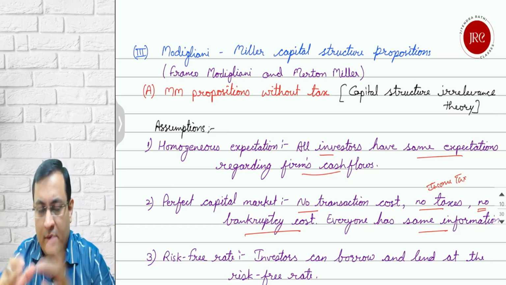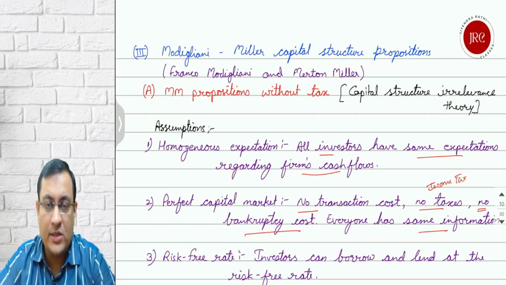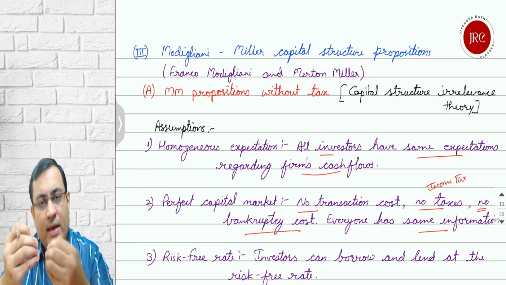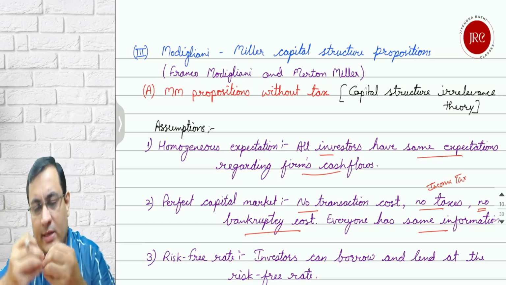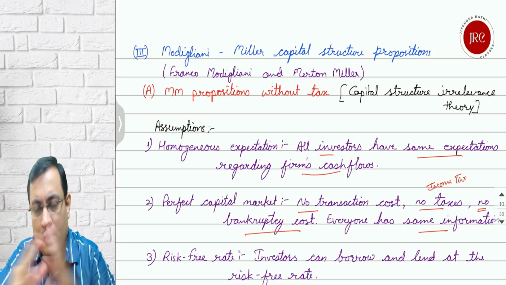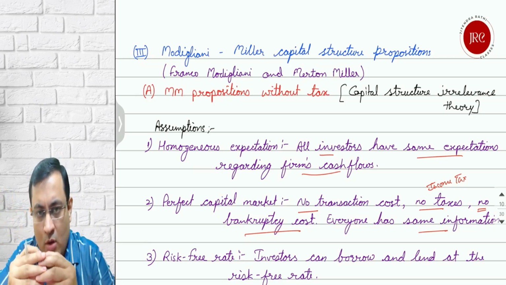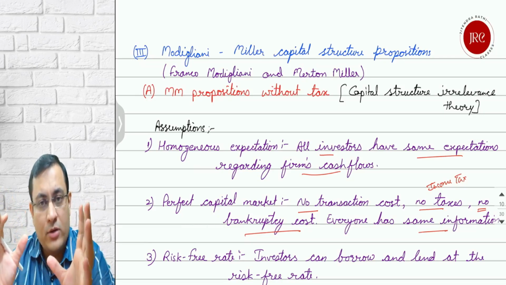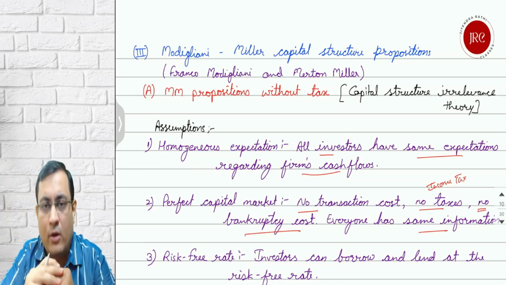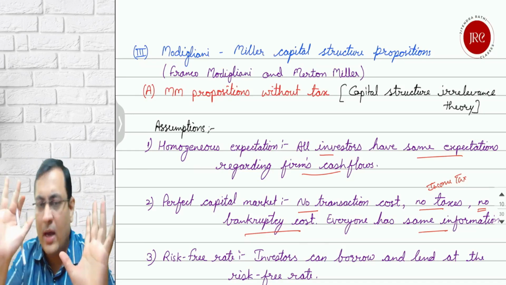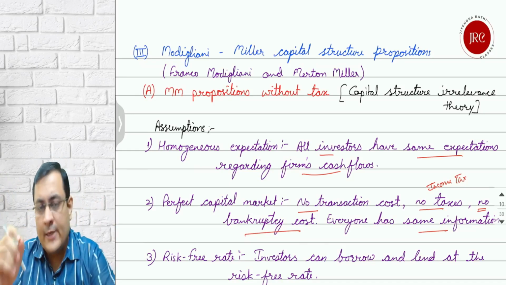So the first theory, the approach without taxation, says this is an irrelevant decision. Capital structure is not going to impact the valuation of the firm. If it is not going to impact valuation, you cannot maximize your value of firm by changing the debt equity combination, so you need not worry about the capital structure.